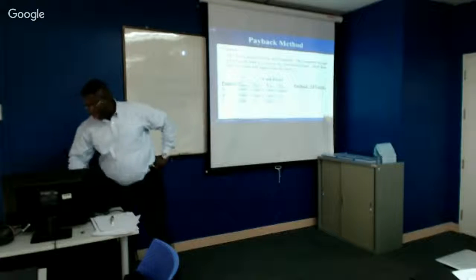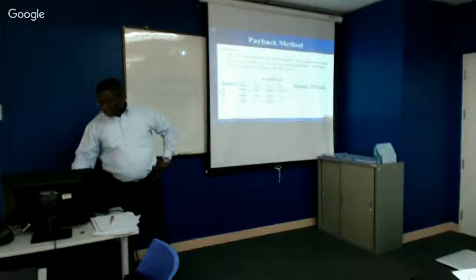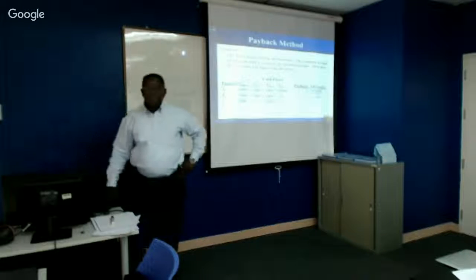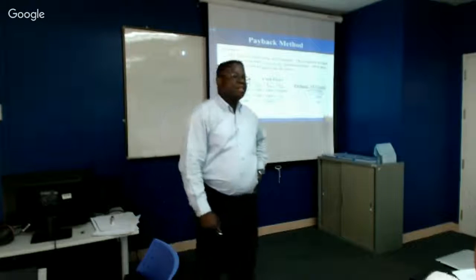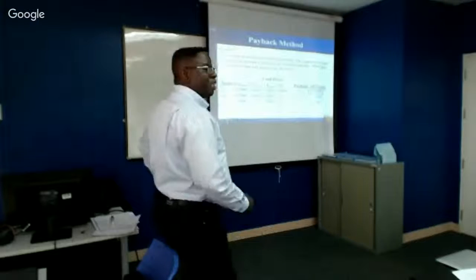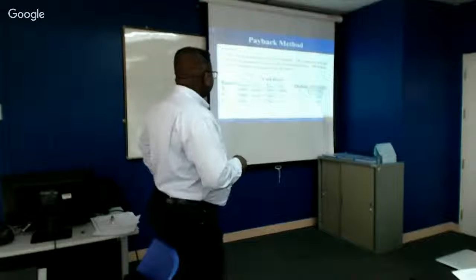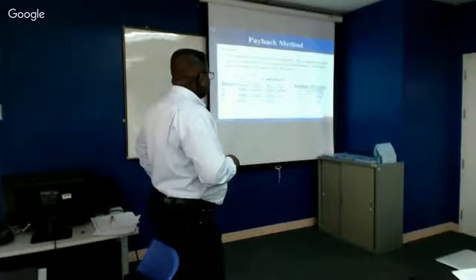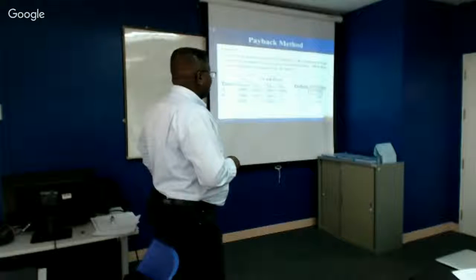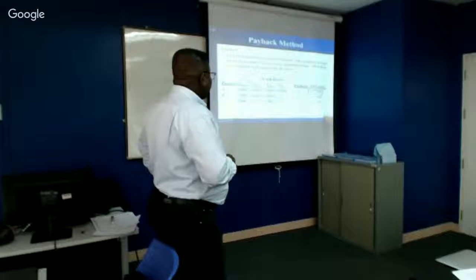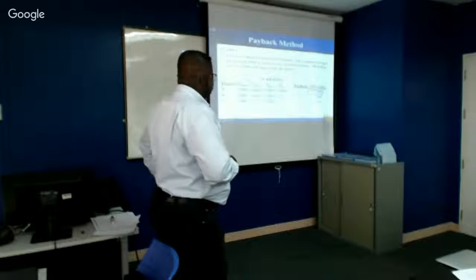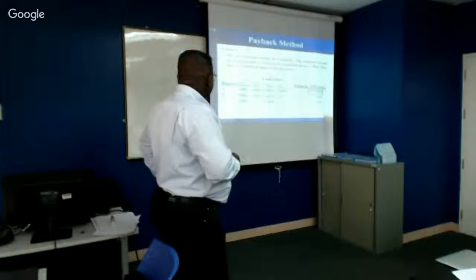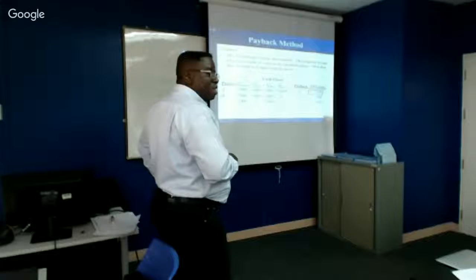All right. So when you do that, let's look at this. This is the NPV for project A. The initial outflow $2,000. Year 1 inflow is 1,000.